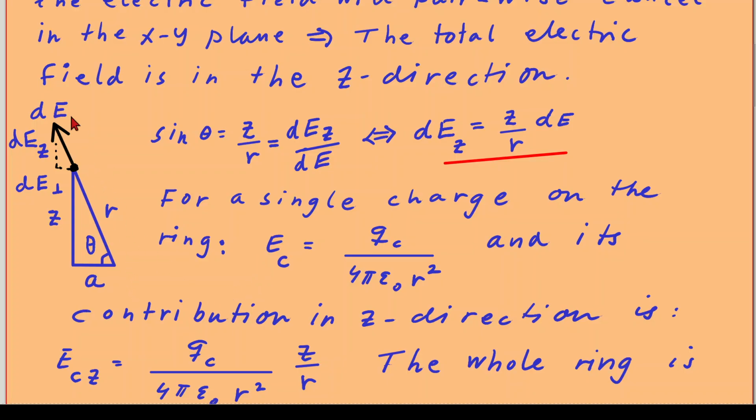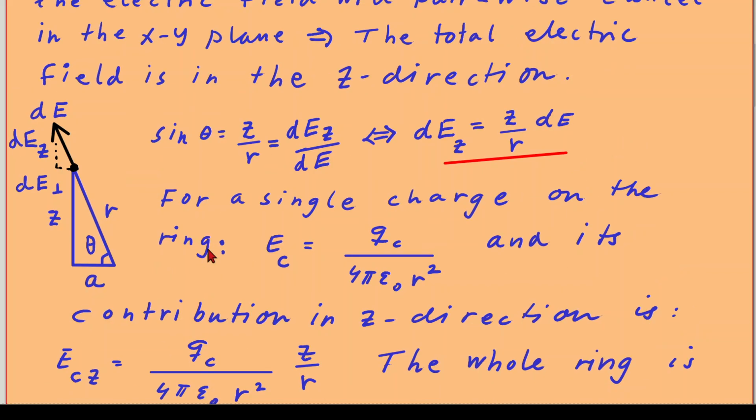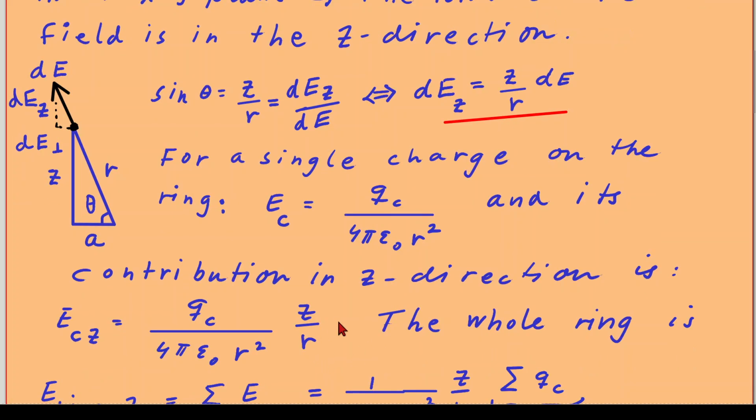But since we know pairwise the orthogonal direction, let's call it the x direction, will cancel, the only thing we need to look at is the z direction. That will be done by multiplying with c over r.